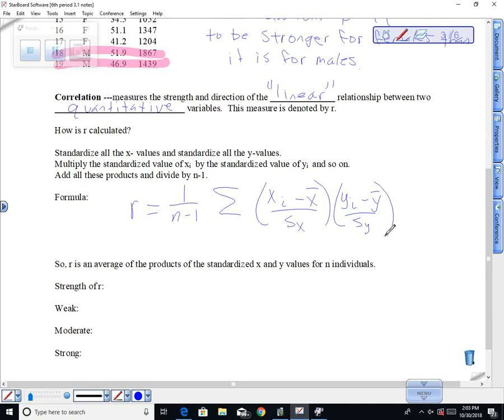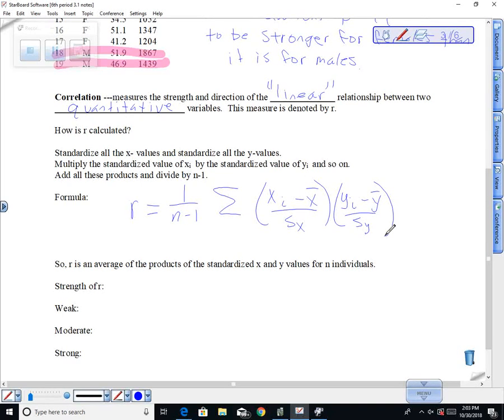Now, do you recognize anything about that formula? It should be familiar. It's a z-score. This is really the z-score formula. They're standardizing the x values and standardizing the y values.